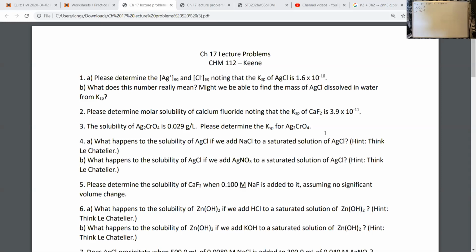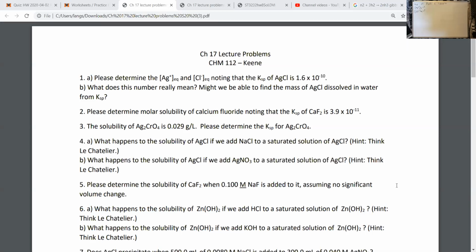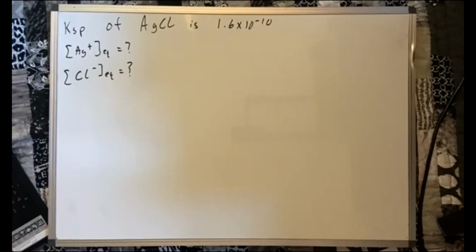All right, I'll come back to that if I need it. Okay, we're looking for the equilibrium concentrations, right?